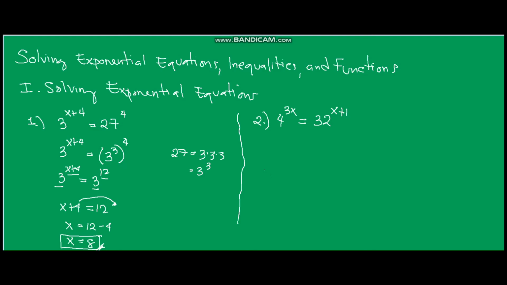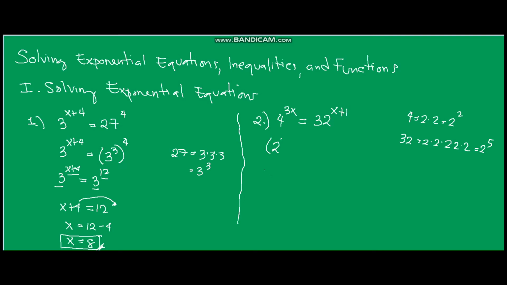Sa number 2 naman is hanap tayo ngayon ng common number para maging base nila parehas. So, si 4, syempre, we can write it as 2 times 2 or simply 2 squared. Si 32 naman ay 2 times 2 times 2 times 2 and times 2 or simply 2 to the 5th power.